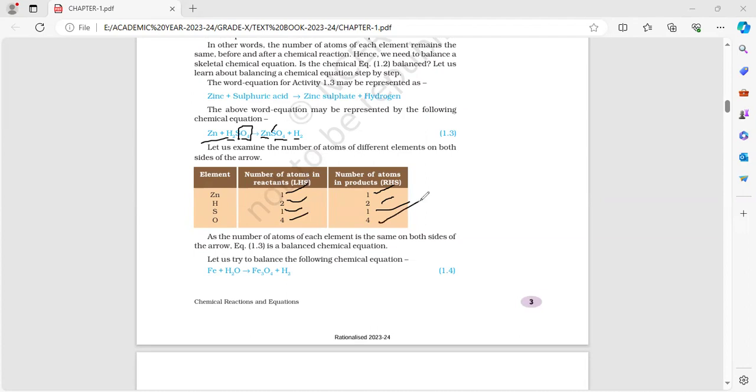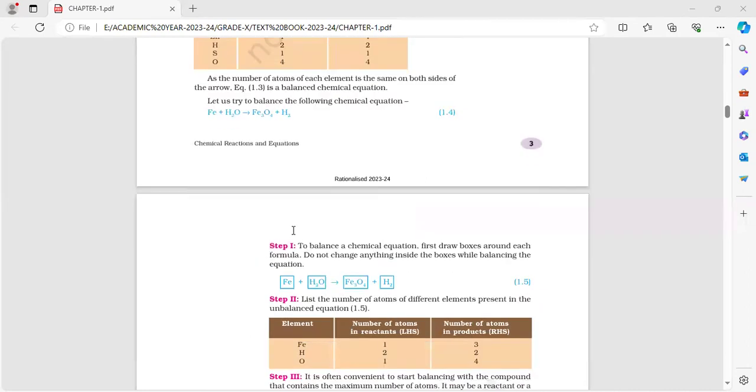So this is already a balanced chemical reaction. Now let us see the next chemical equation. It is iron.